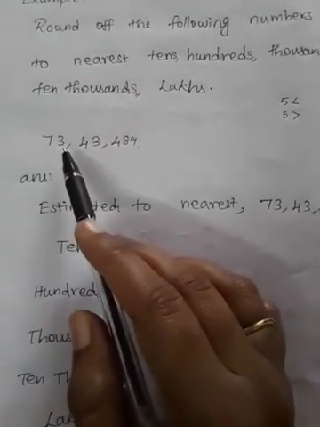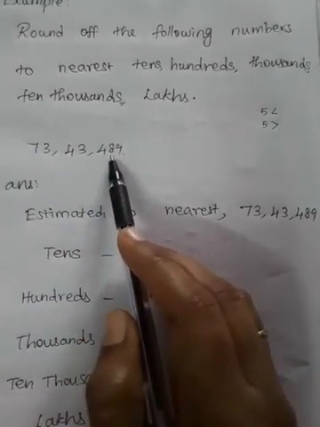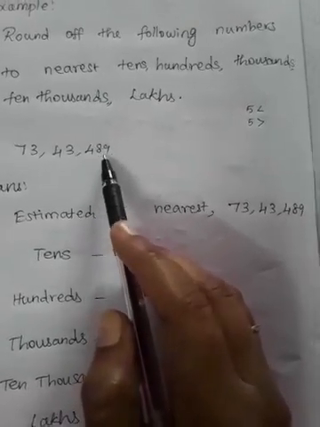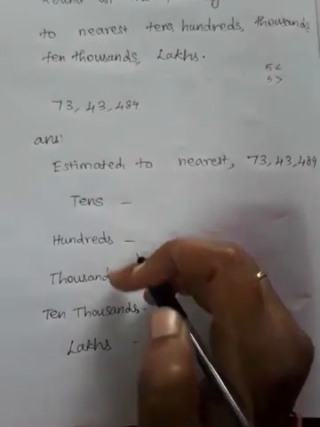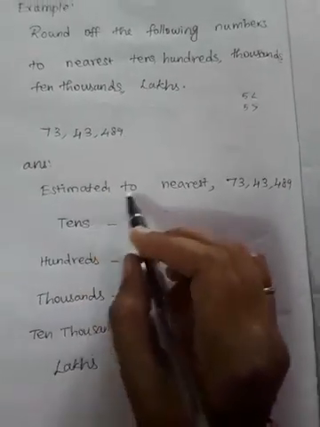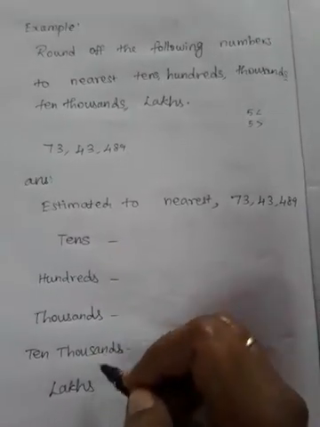Okay, now here the given number is 73 lakhs 43,489. So I will show all these answers one by one. Okay, so estimate to the nearest tens, hundreds, thousands, 10,000s, lakhs.